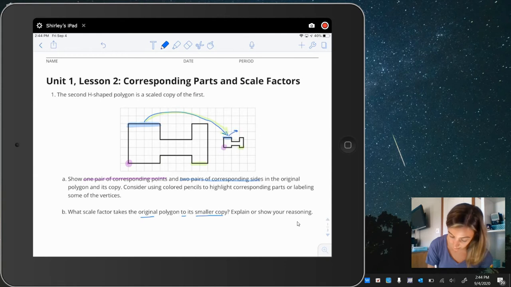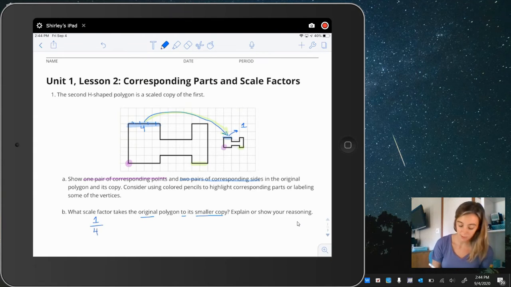I'm just going to pick the blue sides that I already have my arrow pointing to. Here I have 1 unit. Now I want to count that same measure in the larger figure. I have 1, 2, 3, 4. So what is my scale factor that takes the original to the smaller copy? Since I'm getting smaller, I start with the smaller number first: 1 divided by 4.